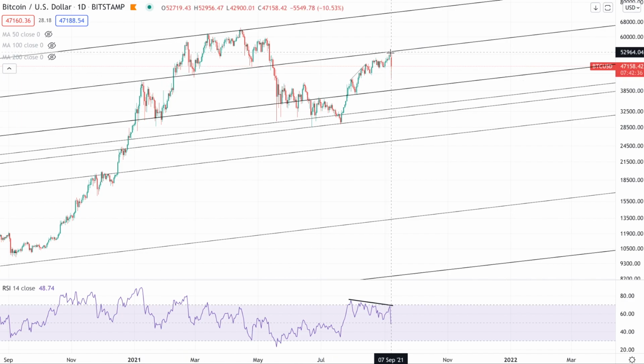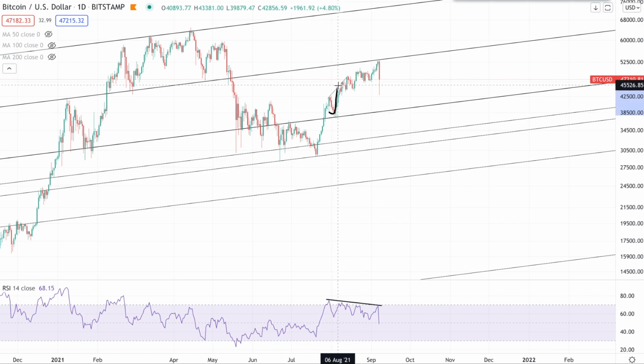This is what we've been talking about, and that is exactly what happened. Bitcoin tagged that level, rejected. Nothing particularly alarming here. That's a technical correction with an overextension of the trend. Hits divergence, you get a correction. For now, that's all that is. Bitcoin is not collapsing, Bitcoin is correcting.